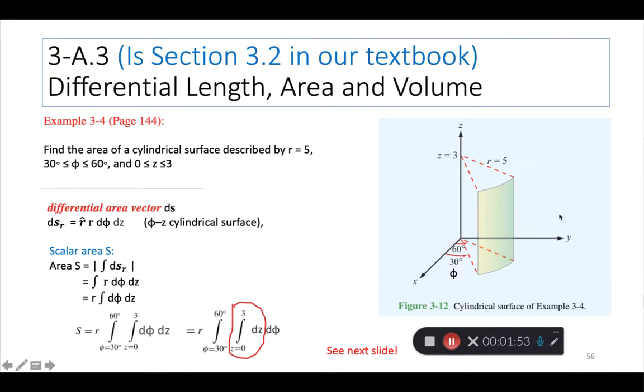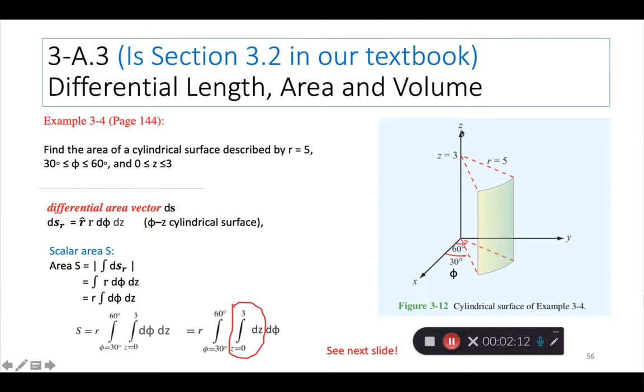So here you can see in this drawing a certain area, and it's not a rectangular area, it's actually curved. So how to find the area of the cylindrical surface? This is a cylindrical surface, it's part of a cylinder.